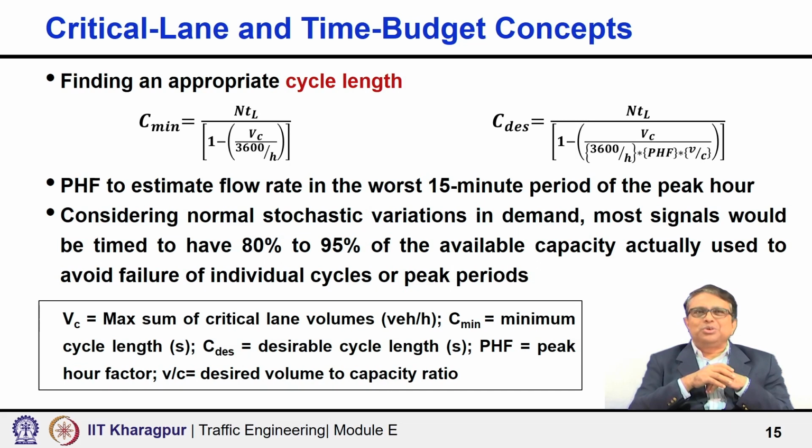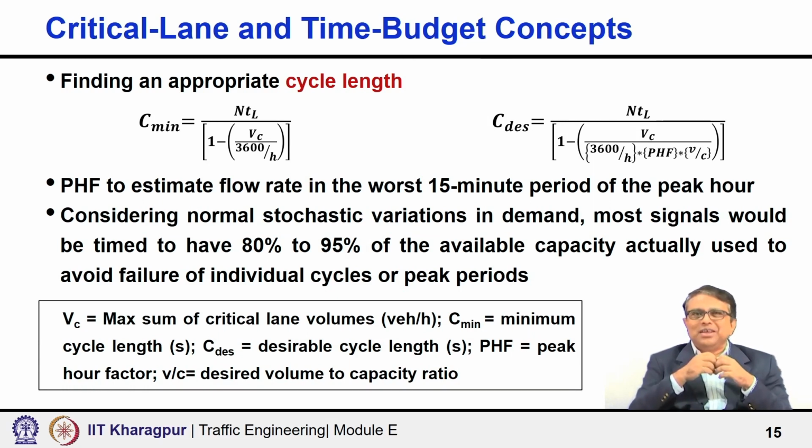Most signals would be timed to use 80% to 95% of the available capacity, not 100% of capacity. So, we do not use V by C as 1, which is what is there in the C minimum calculation. Why do we not use it? Because there will be normal stochastic variation in demand. If we consider V by C as 1, then how will we handle this stochastic variation?